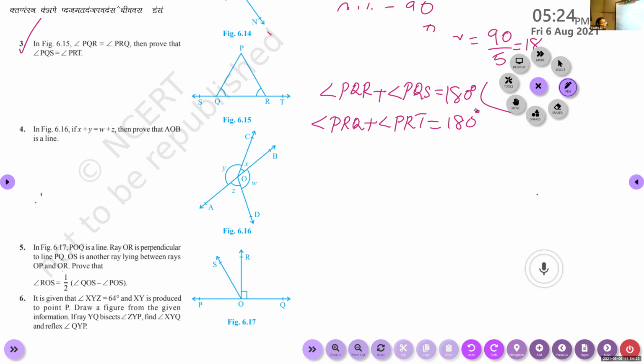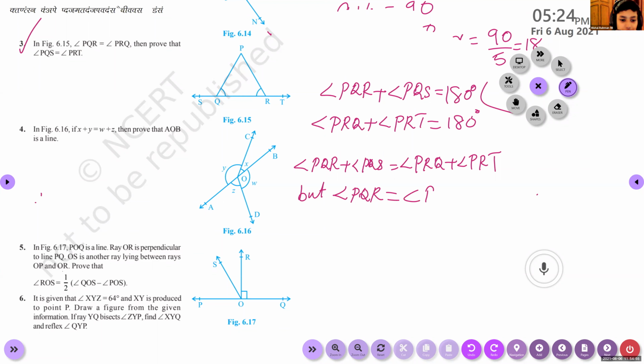Right sides of both 1 and 2 are equal, so left sides we can equate. Angle PQR plus angle PQS equal to angle PRQ plus angle PRT. Because right sides are equal, left sides will be equal.